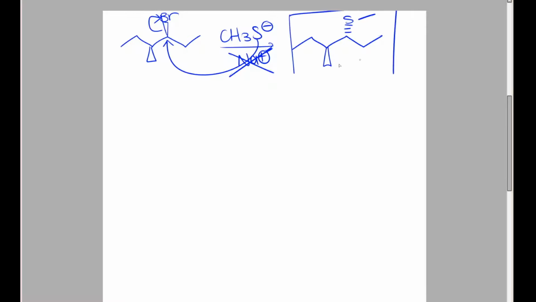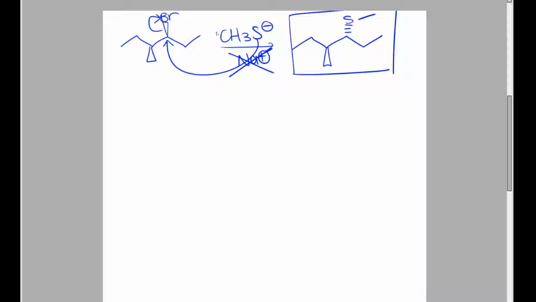And remember that in an SN2 reaction, we're having inverted stereochemistry, and the reason is because this is a one-step mechanism. It's not multiple steps. The leaving group stays on until the reagent or the nucleophile attacks the carbon and brings it off.